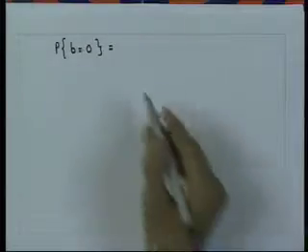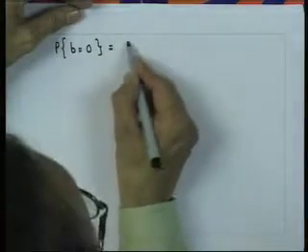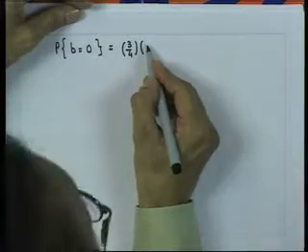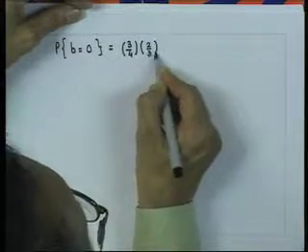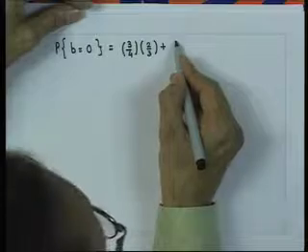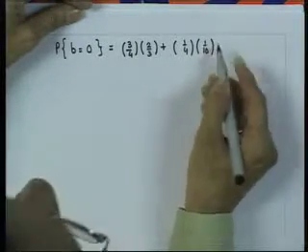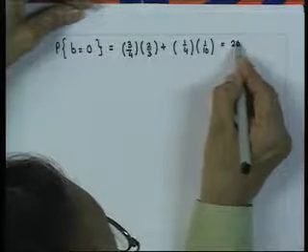So, using this we can write this as 3/4 multiplied by 2/3 plus 1/4 multiplied by 1/10, and this comes out to be 21 by 40.